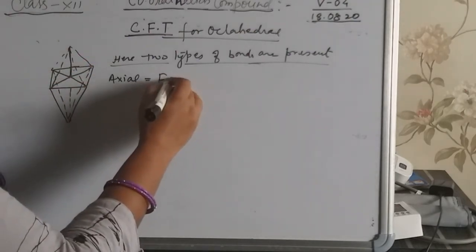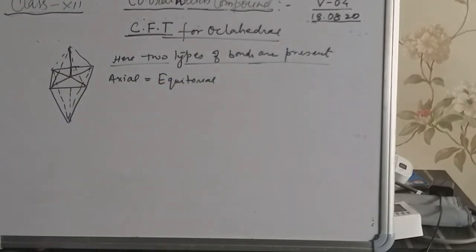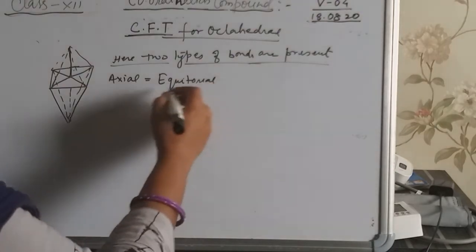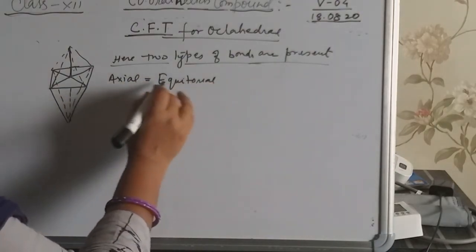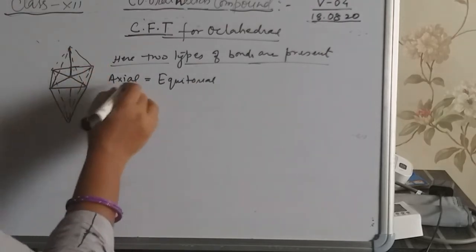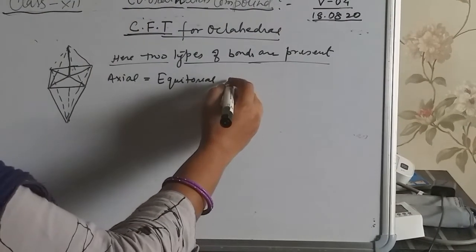So axial and equatorial, for every perfect octahedral, axial bond equals equatorial bond, means two bond lengths should be equal.